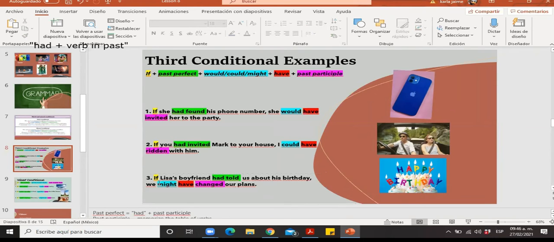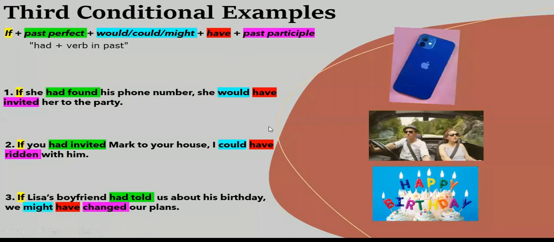Okay, so we have if our condition, our past perfect, had told us about his birthday, we might, which is the word we can use, have, and the past participle.